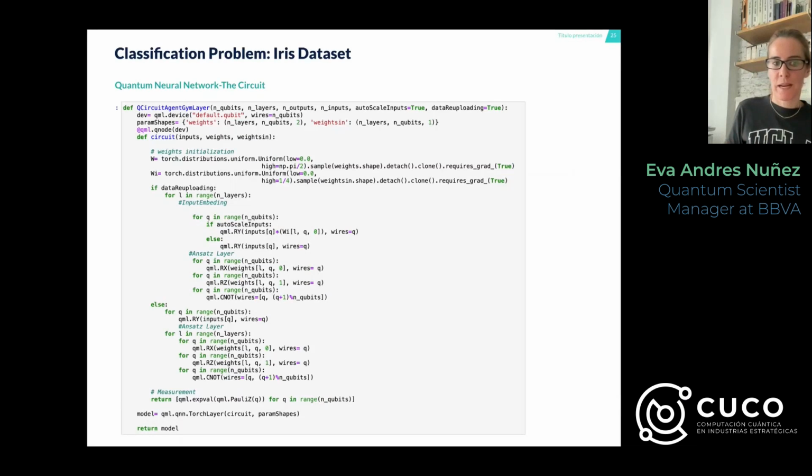So we have both parameters, one for the encoding layers and another set composed of two values, one for this rotation gate and another for the second rotation gate. In case we need to add another rotation gate, we add another parameter in these ansatz layers. So instead of two, I use three parameters in these layers.